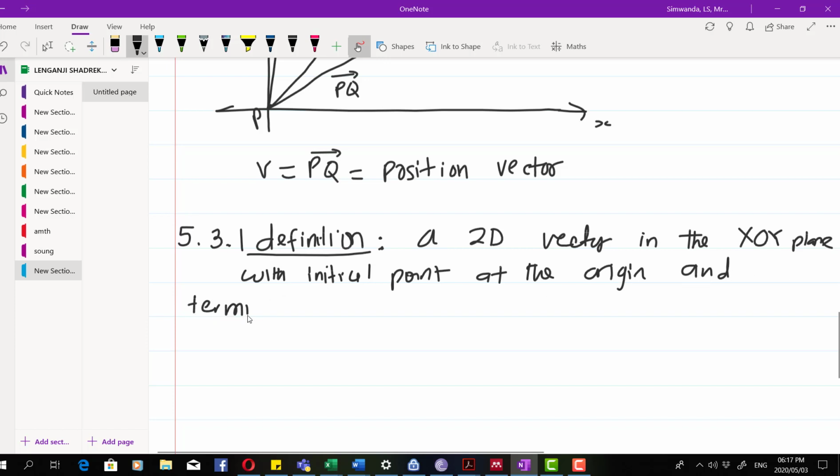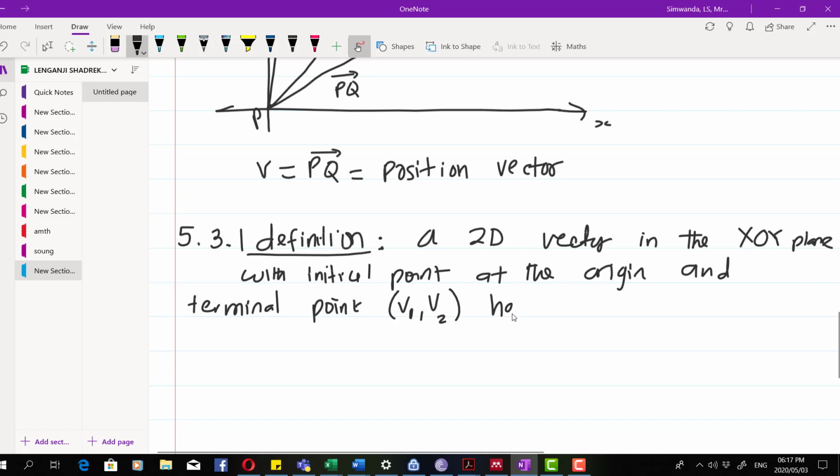This terminal point can be anywhere. We're going to call that point, giving it coordinates v1, v2, with v1 being the x coordinate and v2 being the y coordinate.